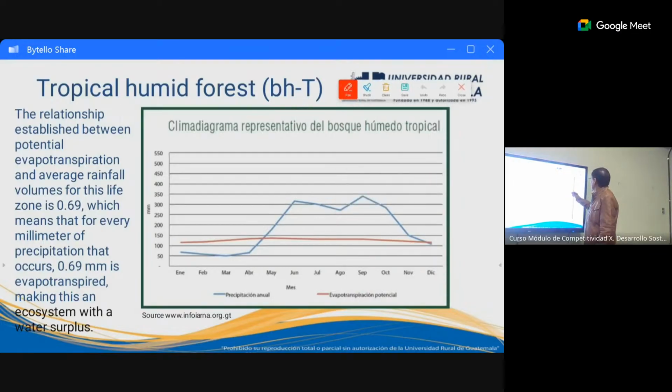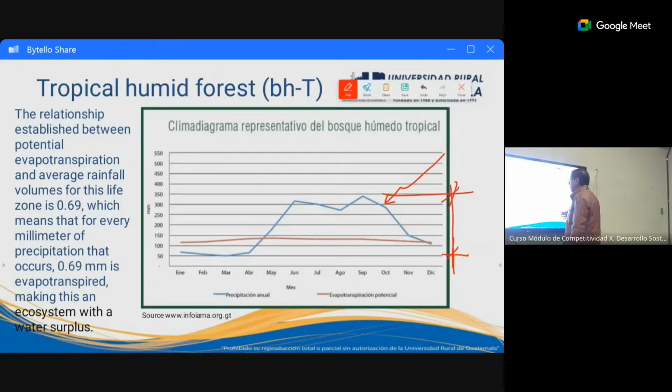So if we check again the blue line, this blue line, we are able to see that it is bigger than the previous one, the previous climate that we were analyzing, because the minimum and maximum values are greater also.